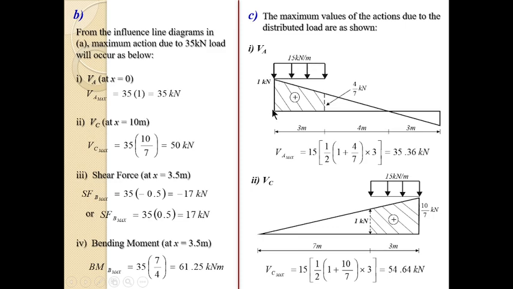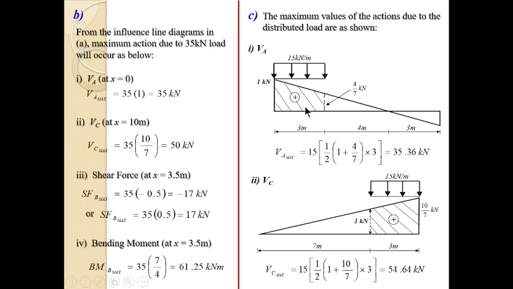The coordinate here, and from here to here is 3 meter. If you use similar triangles to find the coordinate at 3 meter, it gives us 4/7. So we have to calculate the area under this load and multiply by the magnitude of the load. This shape is a trapezium.